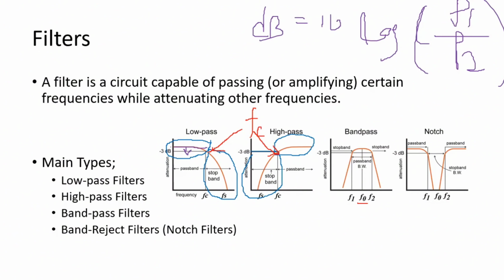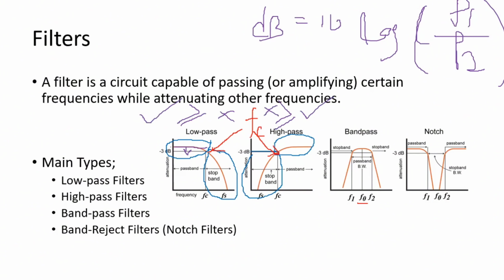In low pass and high pass, they look for a certain boundary: this part passes, this part is attenuated, or this part is attenuated, this part passes. Low frequencies pass and high frequencies are attenuated, or high frequencies pass and low frequencies are attenuated.